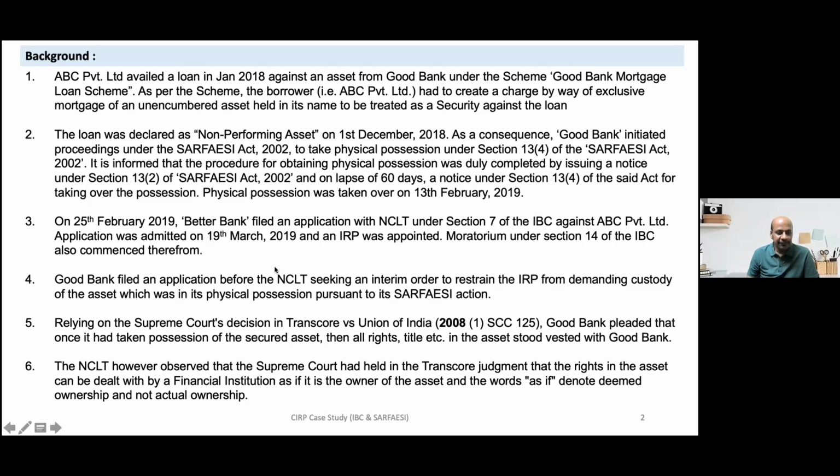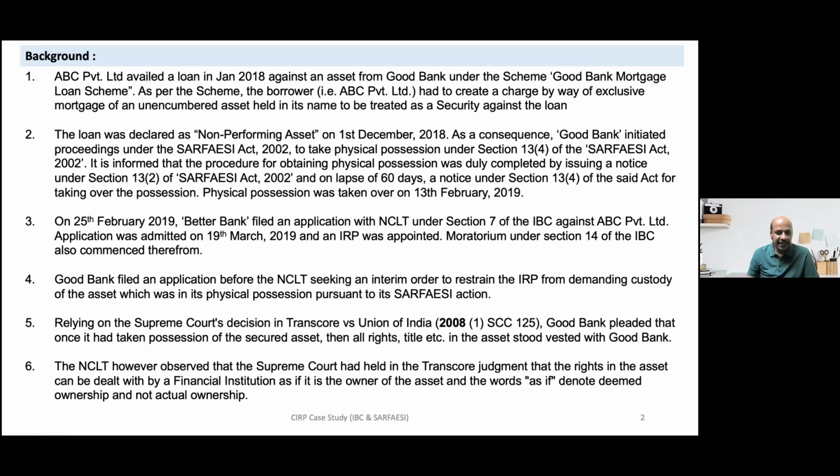On 25th February 2019, Better Bank filed an application with NCLT under Section 7 of IBC against ABC Private Limited. The application was admitted on 19th March 2019 and an IRP was appointed. Moratorium under Section 14 of the IBC also commenced therefrom.